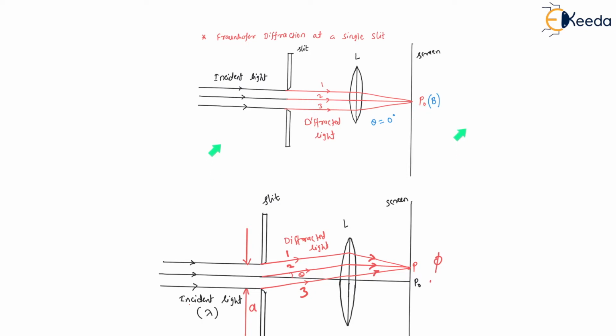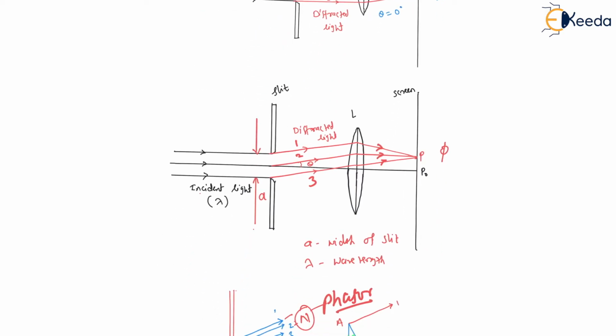Then we considered another case, this one over here. Here we have considered the bunch of rays which have an initial phase as theta. Again this is the plane wavefront, or the incident light, and this one is the diffracted one.